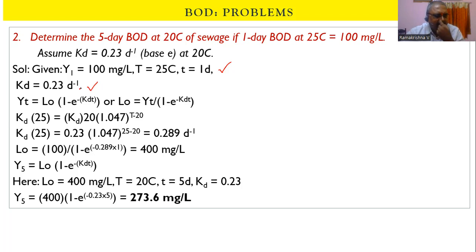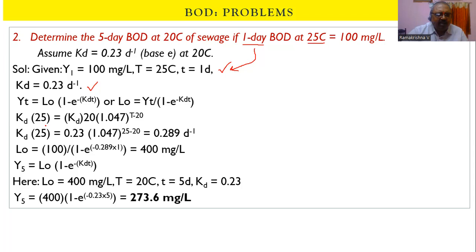What is the formula we have? Yt is equal to L naught into 1 minus e to the power of minus kdt, or L naught is equal to Yt divided by 1 minus e to the power of minus kdt. Here the 1-day BOD at 25 centigrade is given, so we are taking T equal to 1 day. At 20 centigrade, the constant is 0.23. At 25 centigrade, what is the constant value KD? We have to calculate.